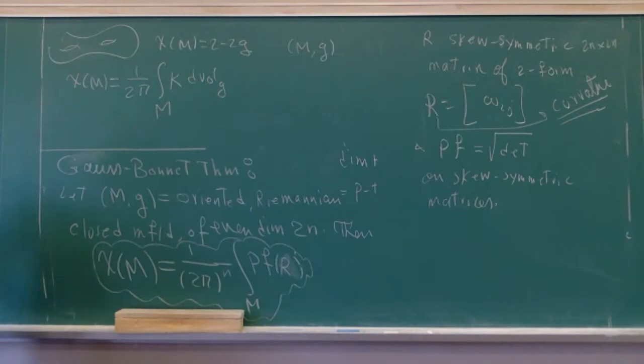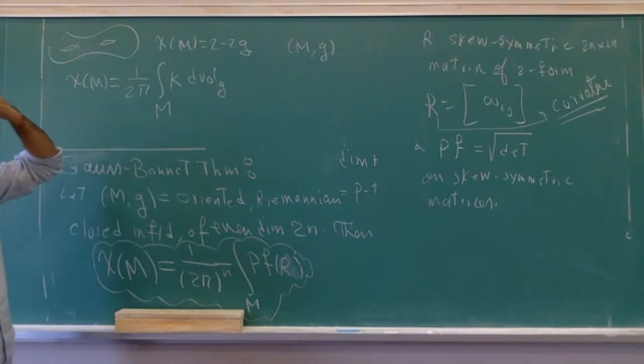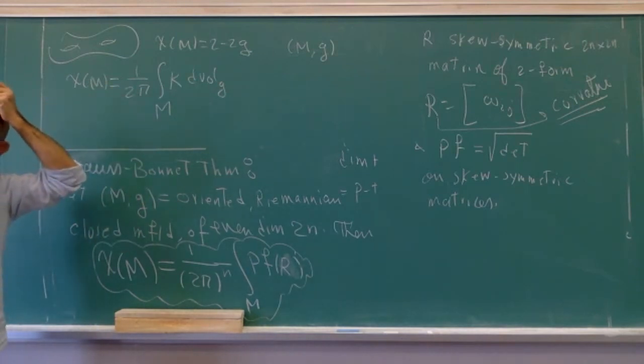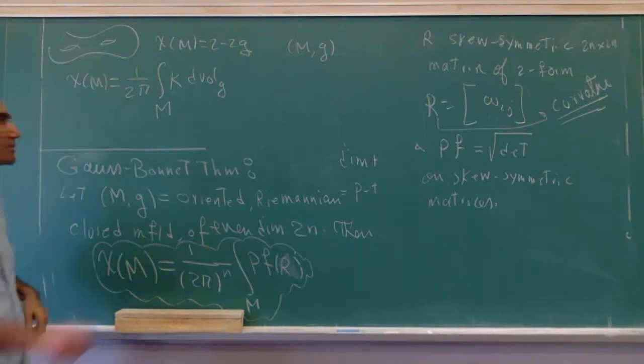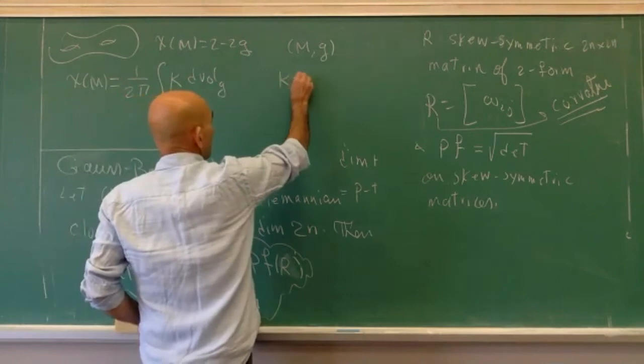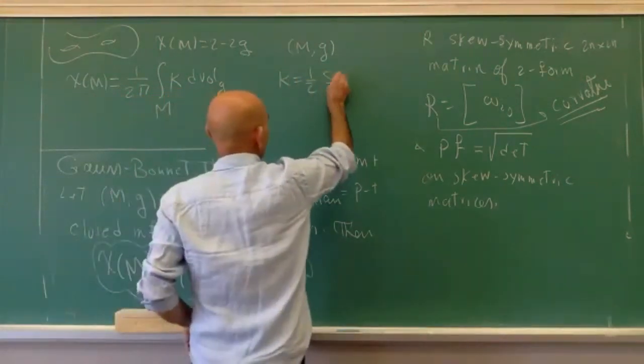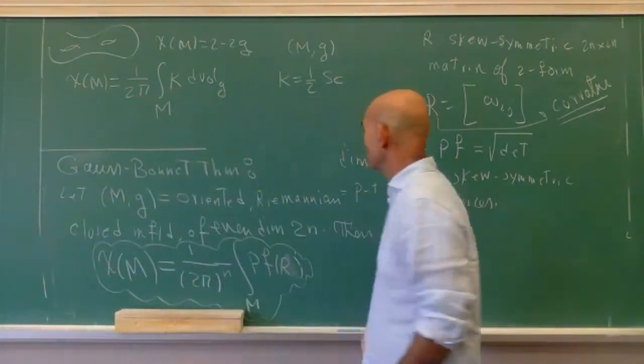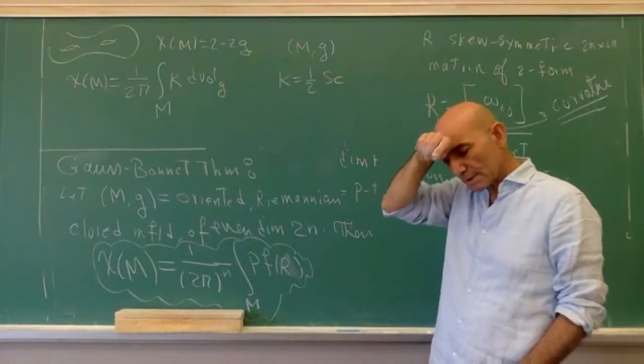Okay. So that's the result in this case. It simplifies in this case. So Gauss curvature K is equal to half of scalar curvature, just if you wonder.